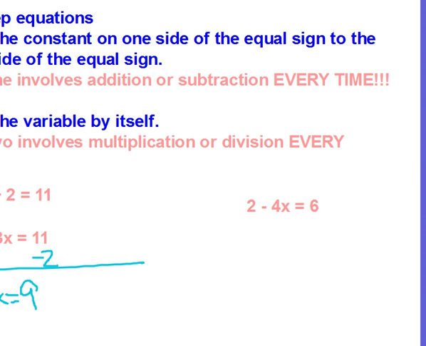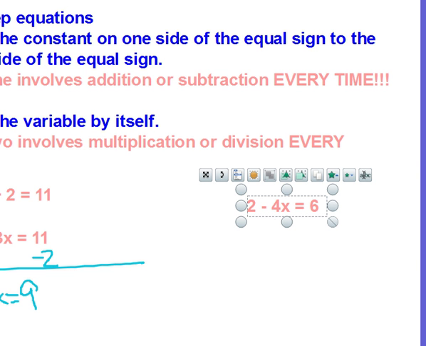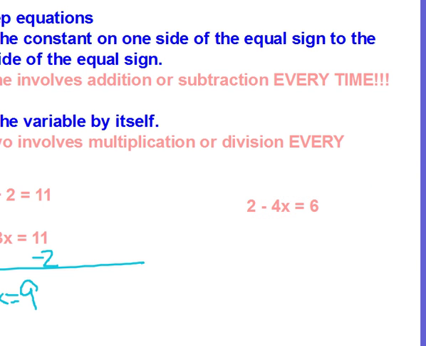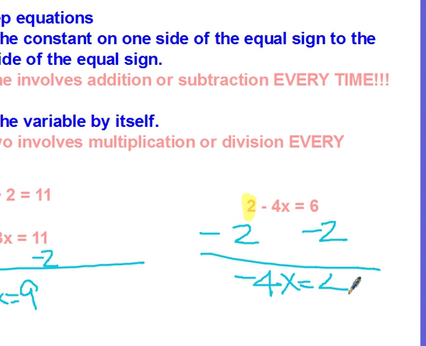In this problem, you have 2 minus 4x equals 6. Well, this 2 is positive, and therefore we have to subtract it, because you either subtract or add in step 1. So negative 4x equals 4.